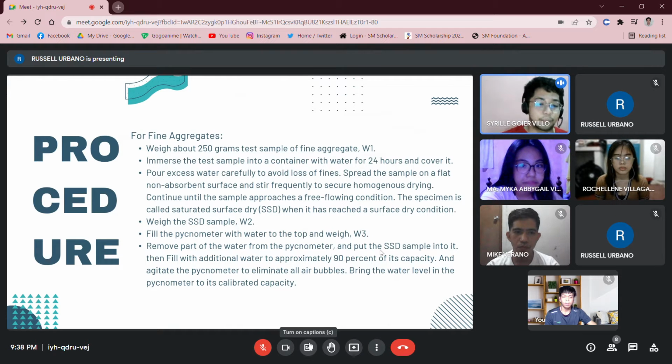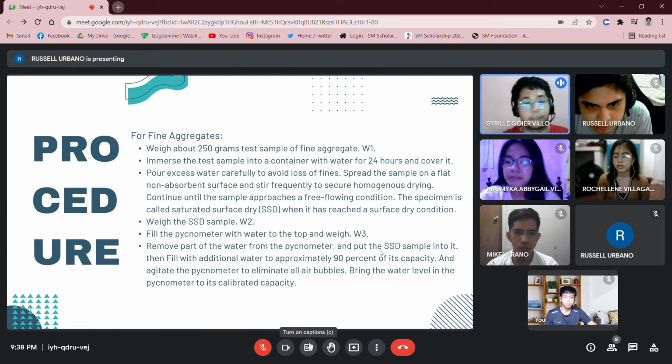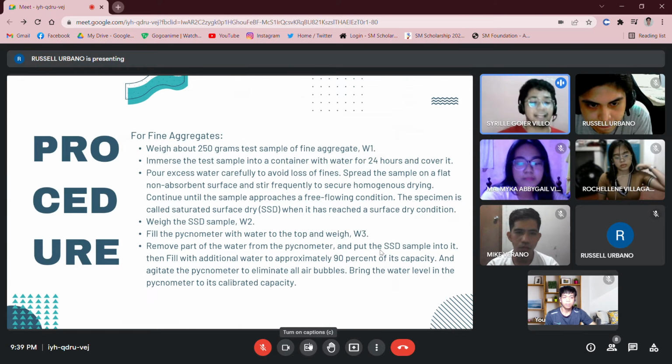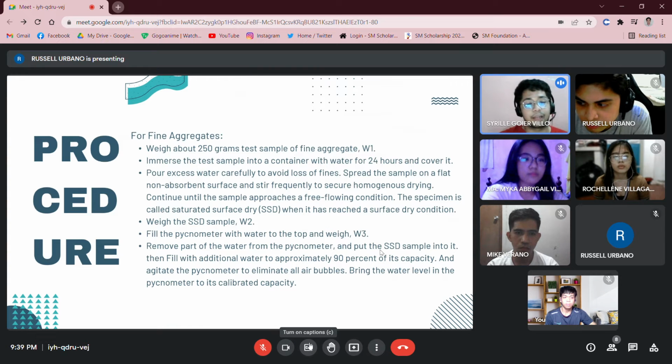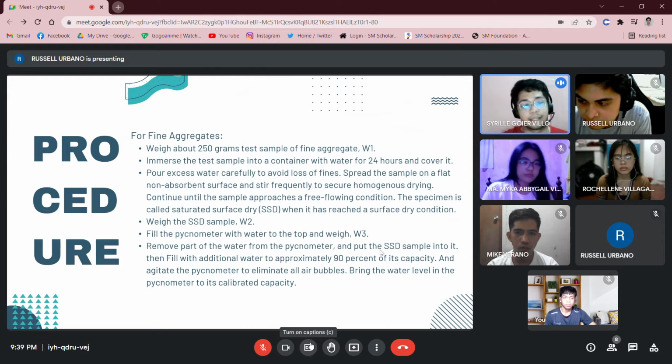Next, remove part of the water from the pycnometer and put the SSD sample into it. Then fill with additional water to approximately 90% of its capacity and agitate the pycnometer to eliminate all air bubbles. Bring the water level in the pycnometer to its calibrated capacity.